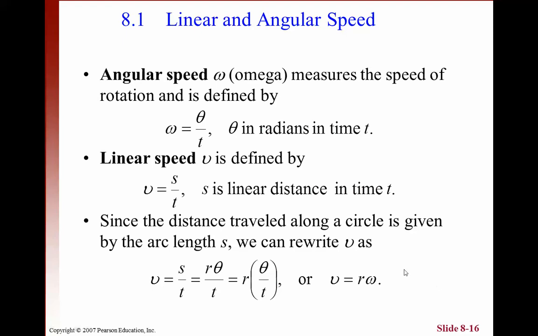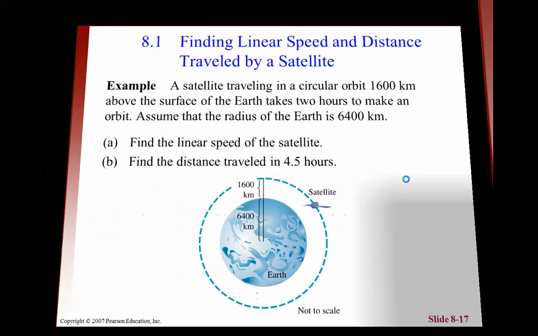So we can see it a couple different ways here. The arc length divided by the time is r times theta over t, and theta over t is the angular speed. A couple different concepts here you may not have had before, but they're pretty simple, though you may have to look these up or watch the video again.